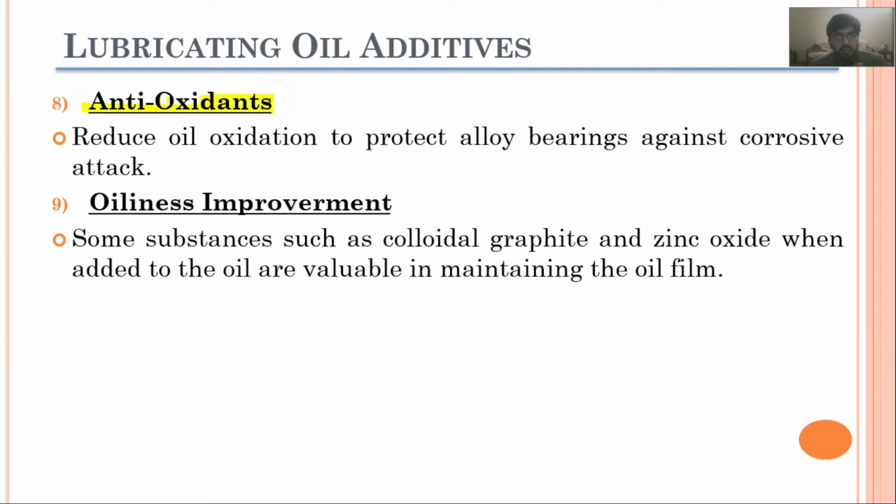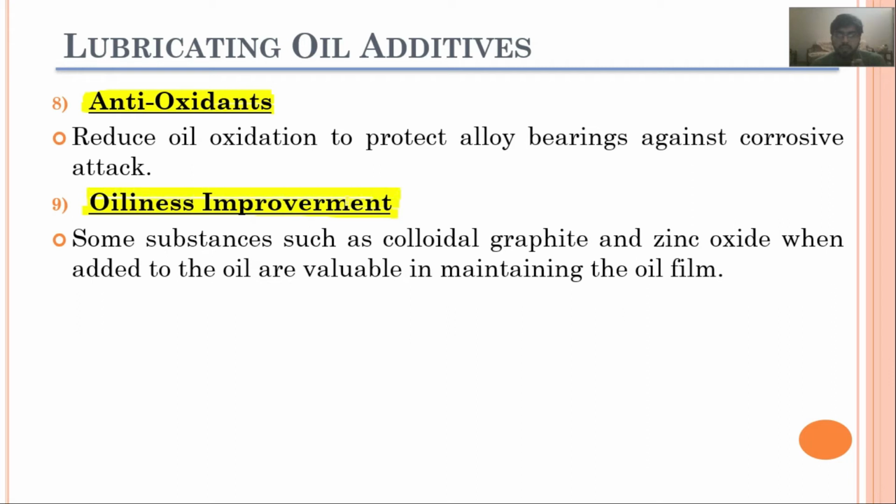Next are the antioxidants. The purpose of these antioxidants is to reduce the formation of oxides, and they protect the bearings against corrosive attack. Next we have the oiliness improvement additives.